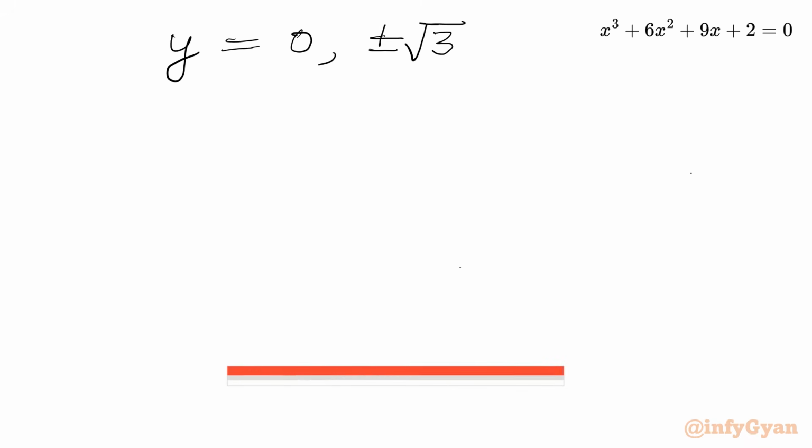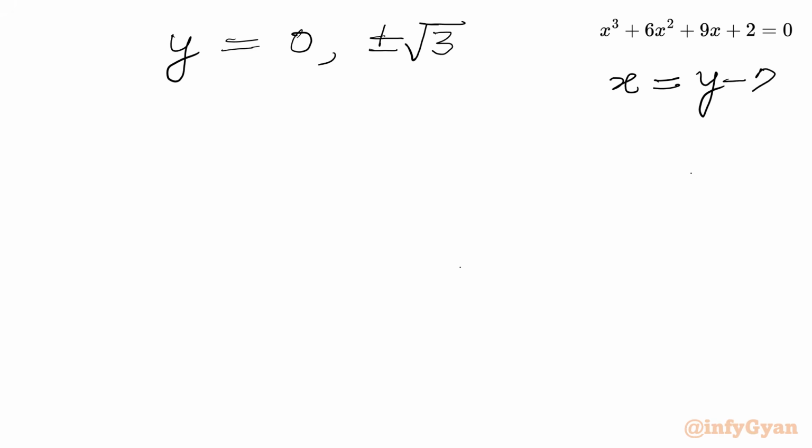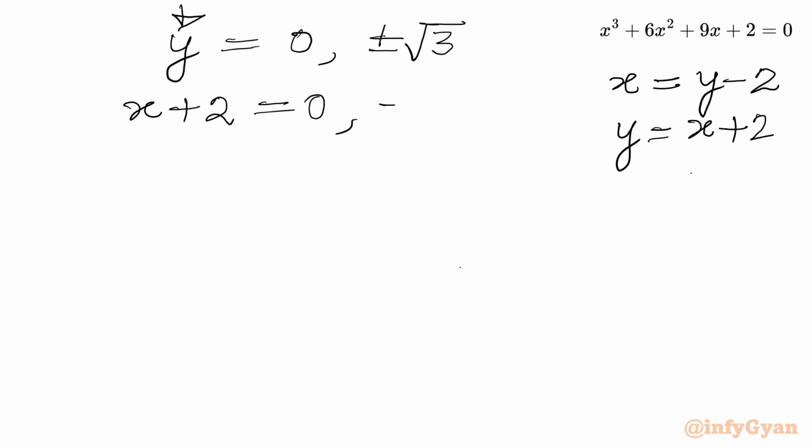Let me write here. y equal to 0, y equal to plus minus square root 3. Our substitution was x equal to y minus 2. So from here I can write y will be equal to x plus 2, which we can write over here. So x plus 2 equal to 0, equal to plus minus root 3.